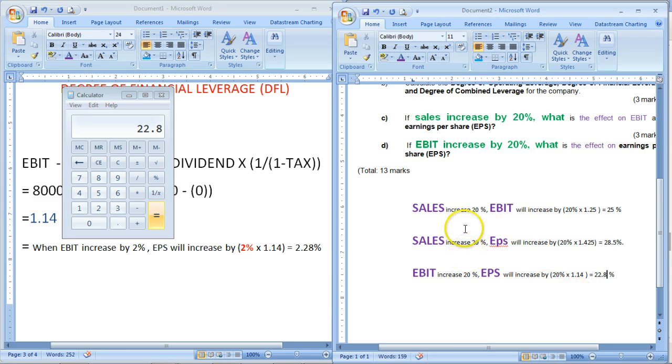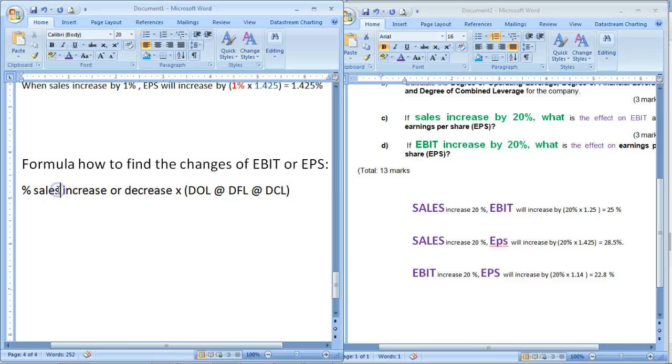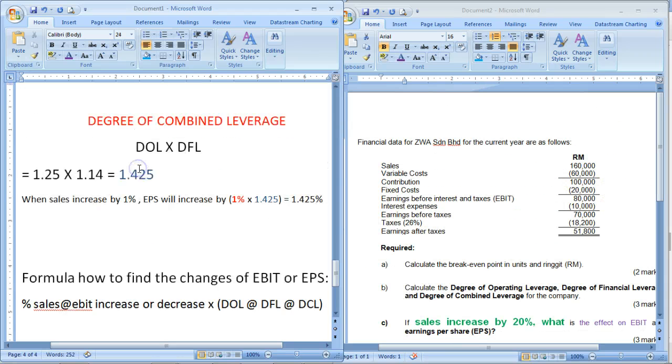If the question gives you a percentage, use the same formula. Class, just to inform you, this is not only sales, it depends. If the question gives you EBIT, then you use EBIT. Most questions only use sales, but if the question gives you EBIT, use the same formula. Take the percent change that the question gives you, and then multiply by DOL, DFL or DCL, depending on the question. That's all for today.